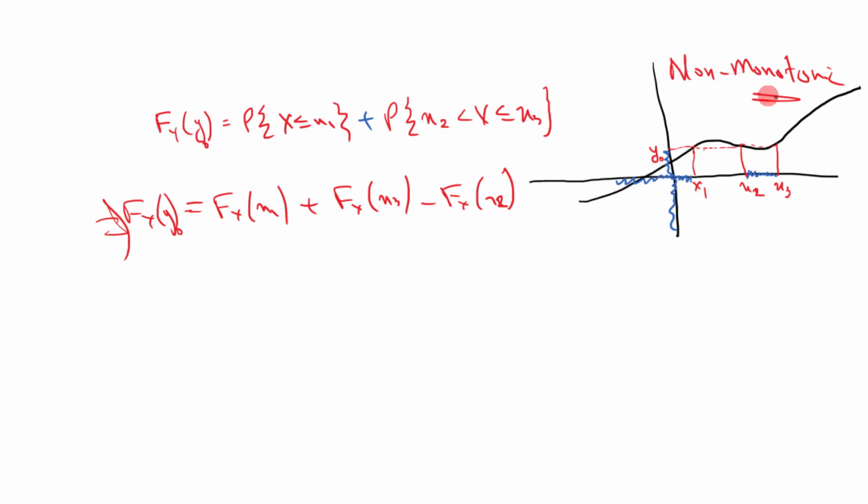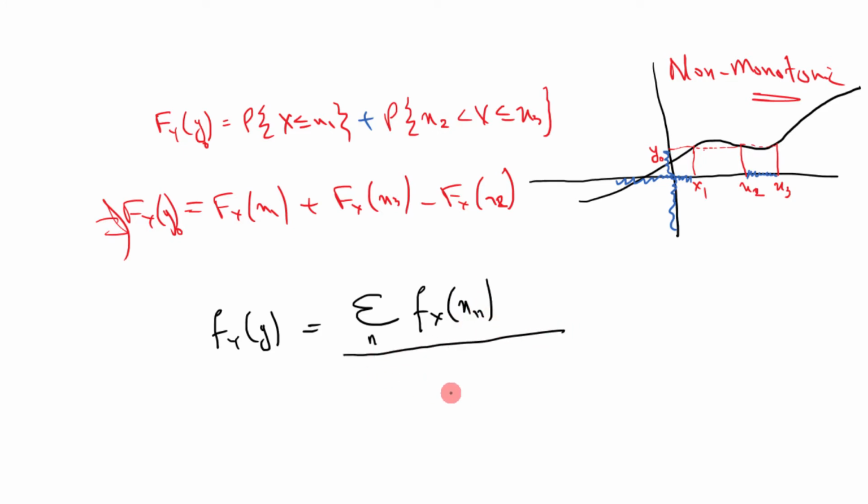For such non-monotonic expressions, you can prove that the density function of your output y is equal to the summation over n of fx of xn divided by the magnitude of dy over dx evaluated at x is equal to xn, where these xn's are these numbers for a non-monotonic expression.